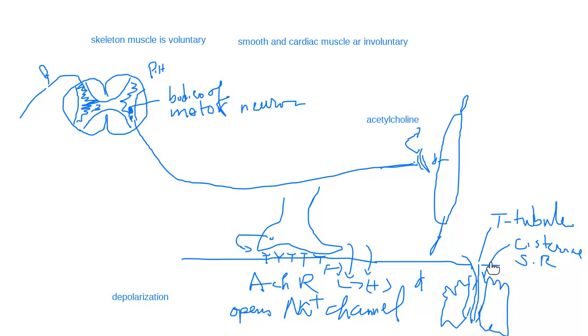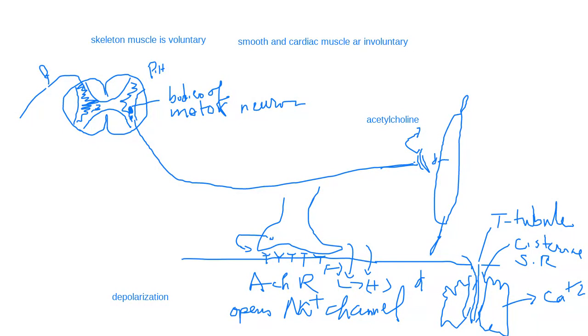And once the T-tubule is depolarized, it tells the sarcoplasmic reticulum to release calcium. So a question on the exam is: what organelle within the skeletal muscle fiber holds on to the calcium? The answer is the sarcoplasmic reticulum.